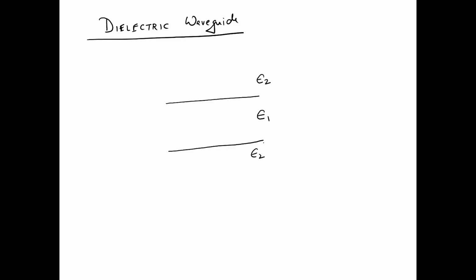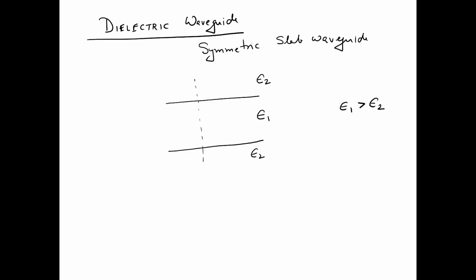This is the simplest form. This is called a dielectric asymmetric slab waveguide. And the condition is that epsilon 1 is greater than epsilon 2, that the permittivity of the inside material is greater than epsilon 2.